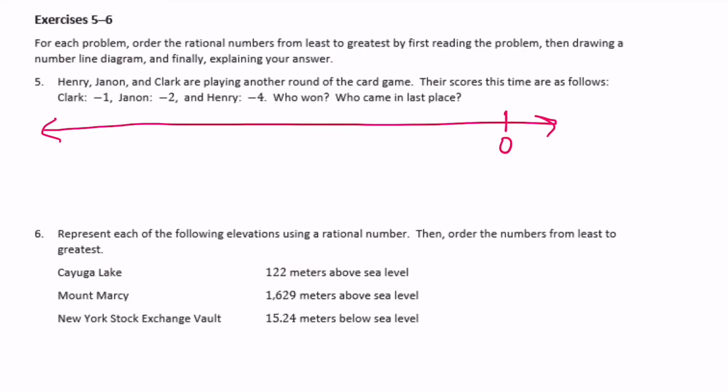So we have 0 to -4. And Clark got -1. Janet got -2. And Henry got -4. So this time, the person who won was Clark.